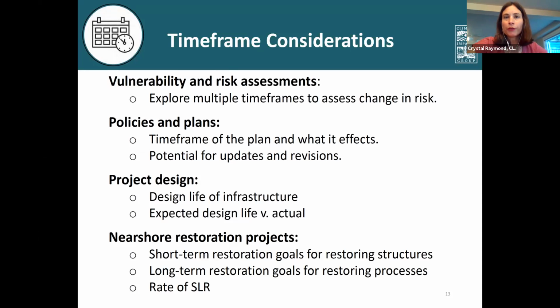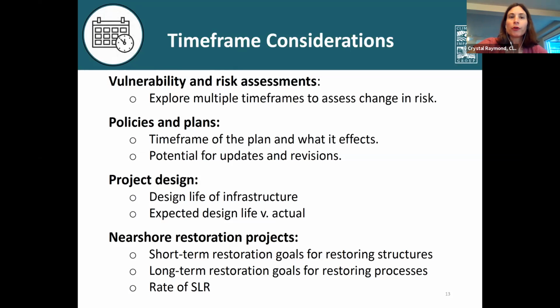And for nearshore restoration projects, there can be a variety of different goals, and different timeframes would be relevant. There can be near-term, short-term habitat goals, and short-term projections would be appropriate for that. On the other hand, if the focus is really restoring ecological processes for the long term, then long-term projections, 2100, 2150, may be more appropriate.